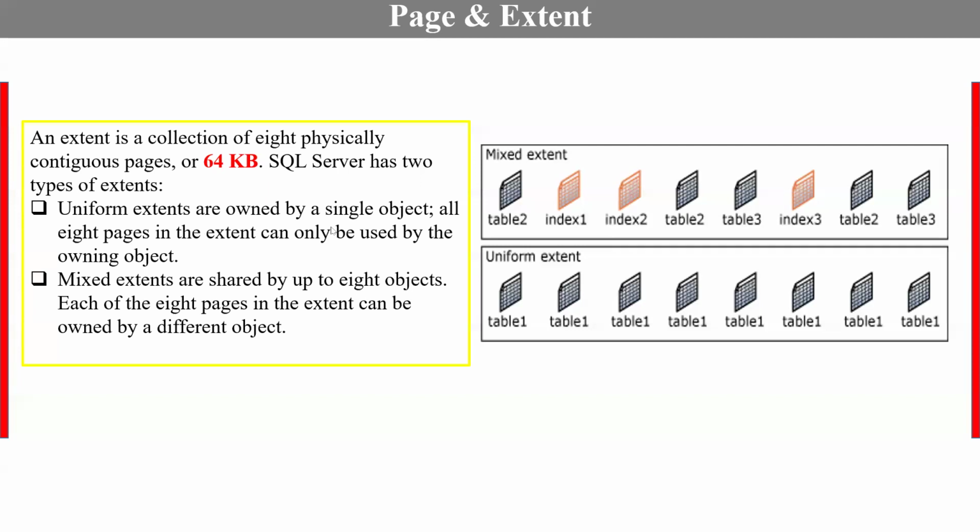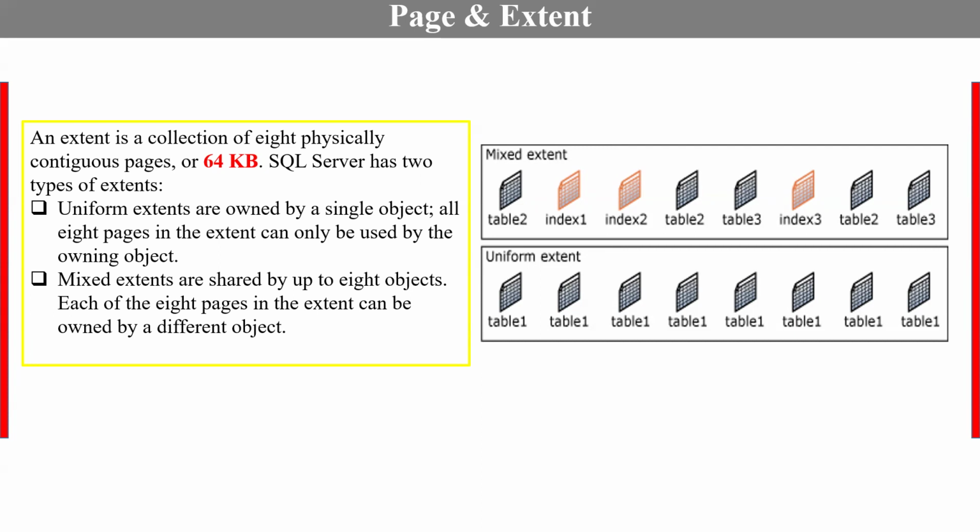Okay. Now, sir, in SQL Server, someone is asking. Yes, Subbu, that means a single data file can have both uniform extents and mixed extents, right? Now you will understand, sir. Just hold for a couple of minutes. You will get to know.